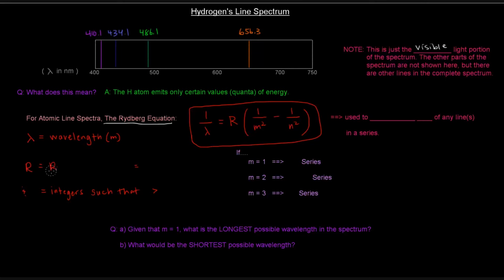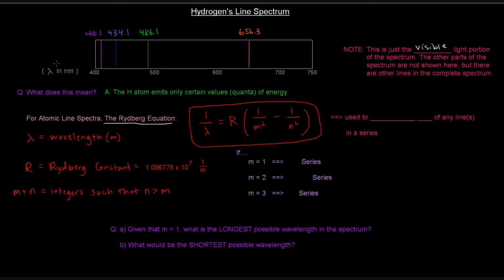R is a constant, specifically the Rydberg constant, and it's equal to 1.096776 times 10 to the 7th, 1 over meters. So the units here are basically the reciprocal of the units here. m and n are integers that are unitless, such that n is greater than m. They do not have a unit.